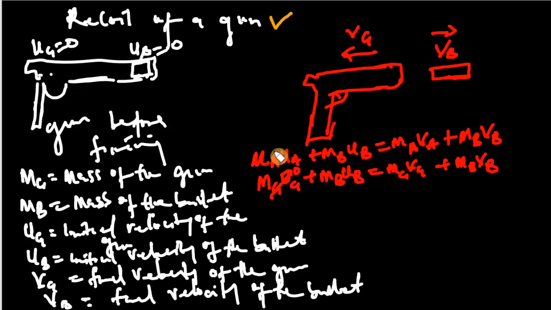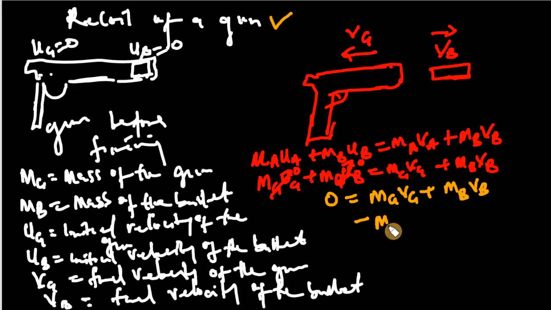The initial velocity of the bullet is 0, so this becomes 0. So we now have 0 equals mg vg plus mb vb. So this can come over here so that we have minus mg vg equals mb vb.